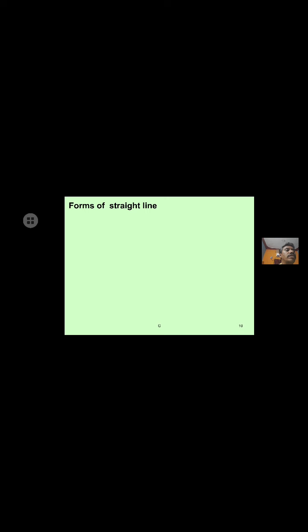Forms of straight line. There are 5 forms of straight line. First one is slope intercept form. This means a line equation can be expressed in different forms. Second, point slope form.